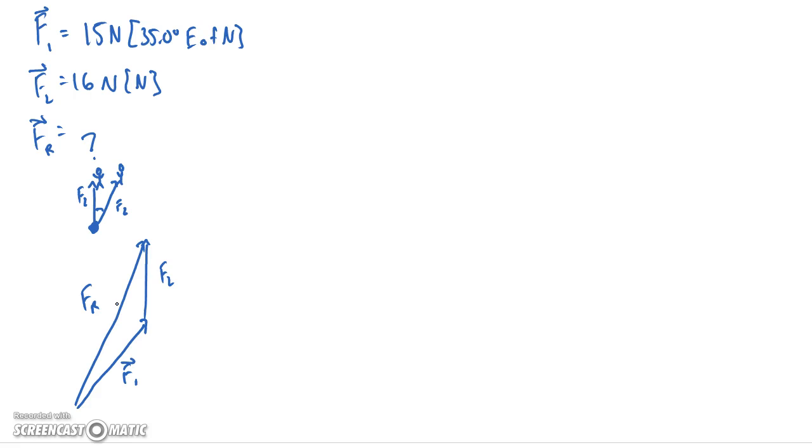So now we've got to resolve each vector into its x and y components. So let's look at the components of F1 here, and then the components of F2. Starting with F1, let's draw a diagram of F1 just on its own.